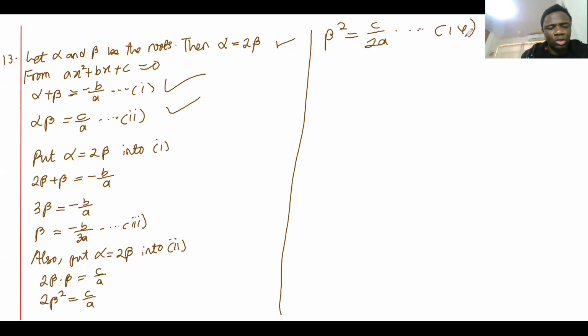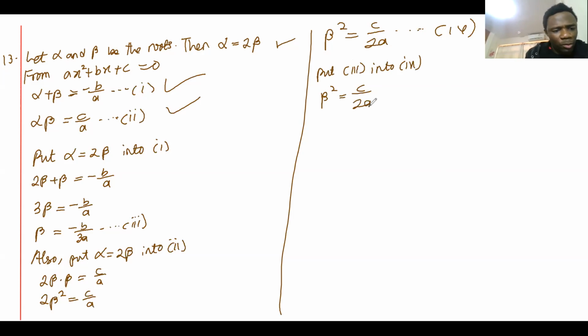So I'm going to use 4 and 3 now. So I'm going to put 3 into 4, or equate both of them. So from 4, you have beta squared to be c over 2a.